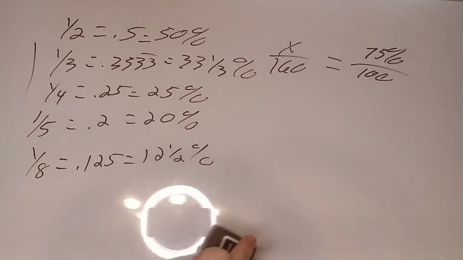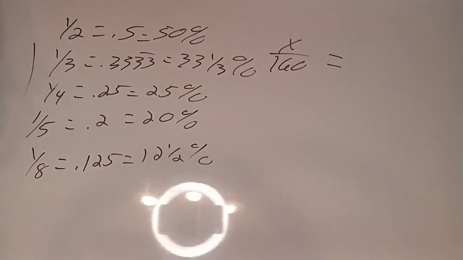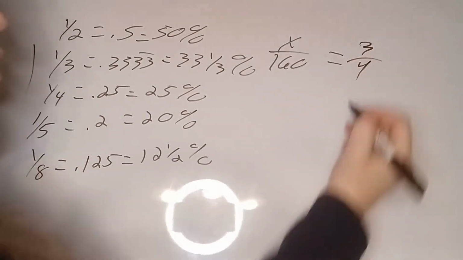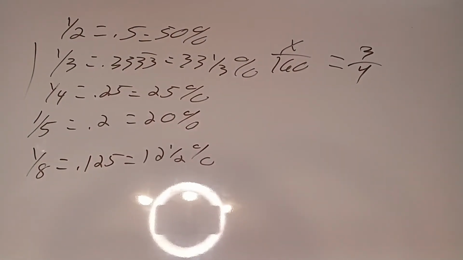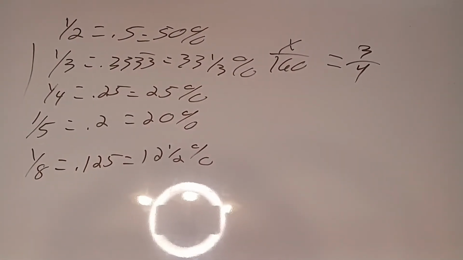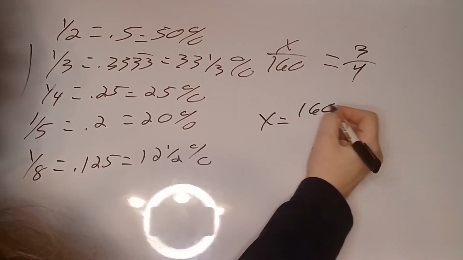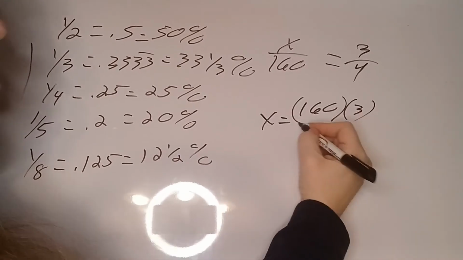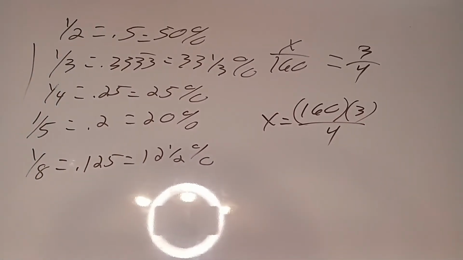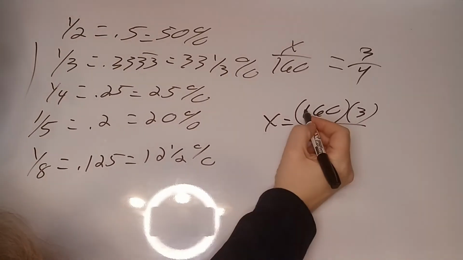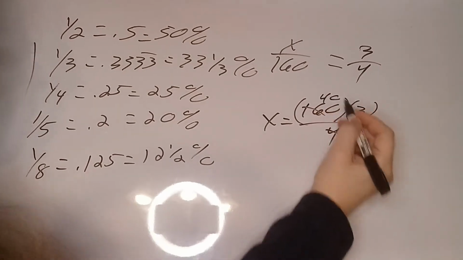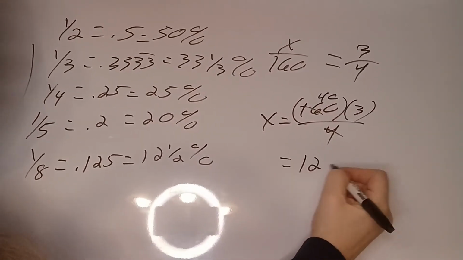So that makes 75% 3/4. Now we have x equals 160 times 3 divided by 4. So this is 40 times 3, which is 120.